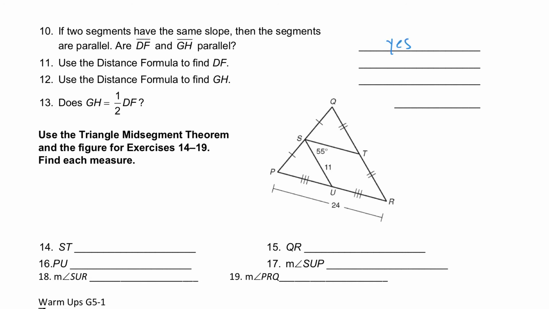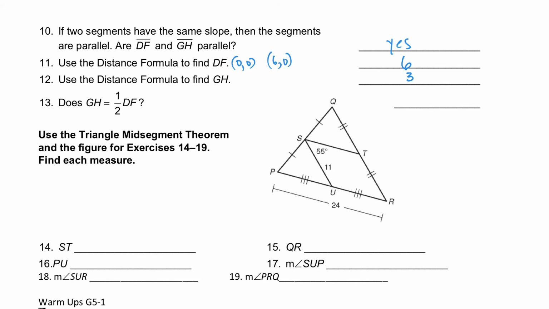And then use the distance formula to find DF. We could just count that, and that distance was 6. And then same thing with G to H. We can just count that, and that was 3 since it was a horizontal line. Otherwise, you would have to use a distance formula, and you had the point 0, 0, and then 6 comma 0.